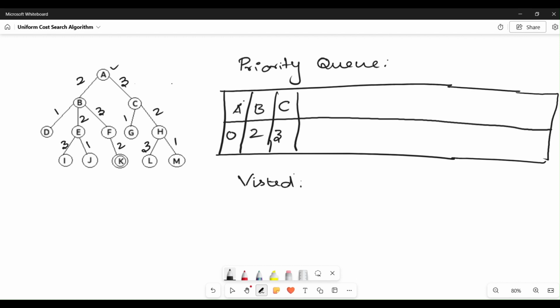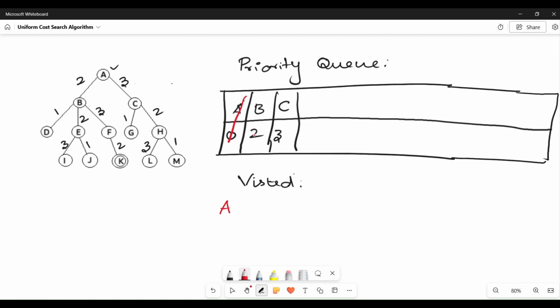Once a node becomes visited, we strike it out and write it under visited. Now we will calculate the lowest cumulative path cost among the remaining nodes, which are not struck out.